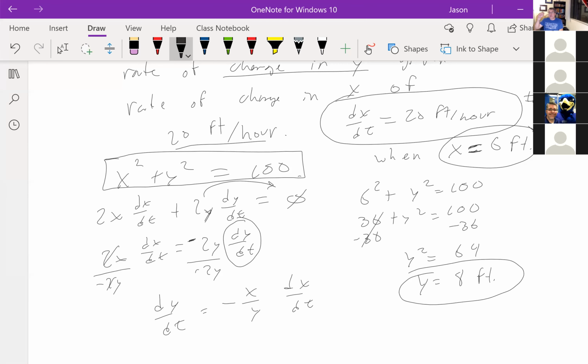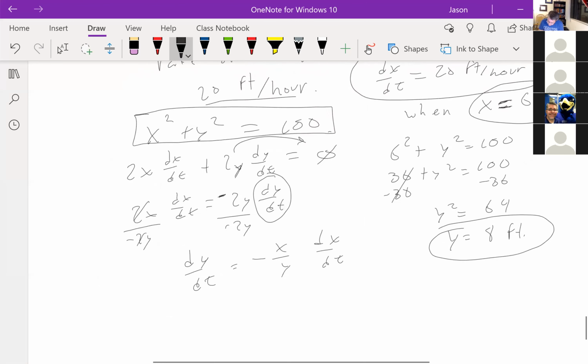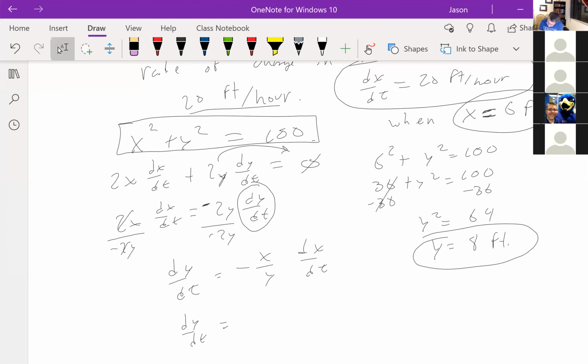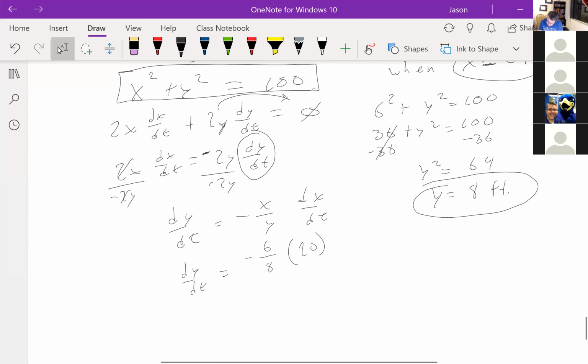Now we have all three pieces of information that we need to solve for dy/dt. We have dy/dt is equal to negative 6 over 8 times dx/dt, which is 20.